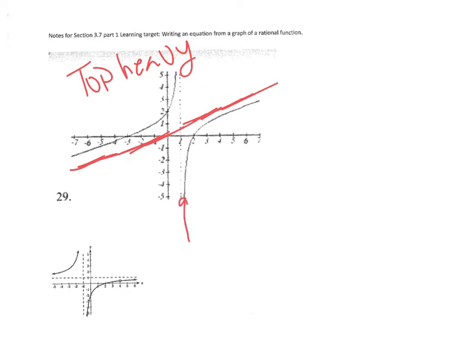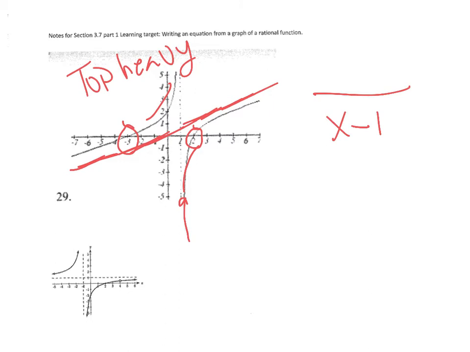I see a vertical asymptote at x equals 1. It also acts like 1 over x there. So I'm just going to write x minus 1, and I don't have to square it. I don't even need to put it in parentheses in the denominator. I also see 2 zeros. I see it crosses the x-axis at negative 3 and crosses the x-axis at 2, and there's nothing special going on there.